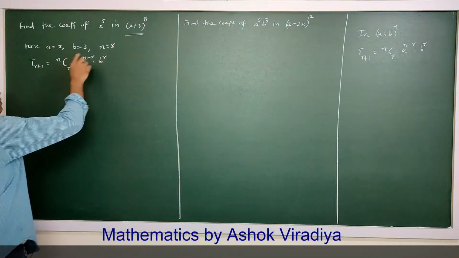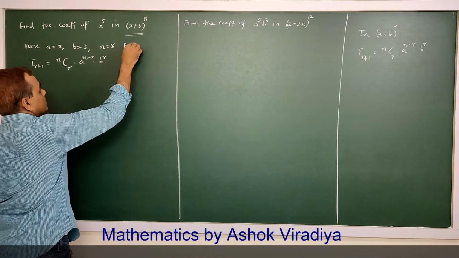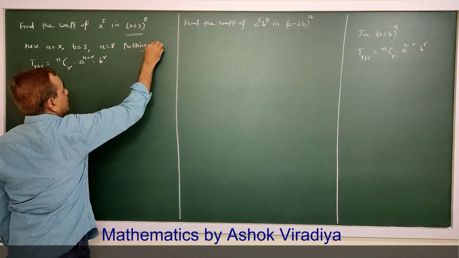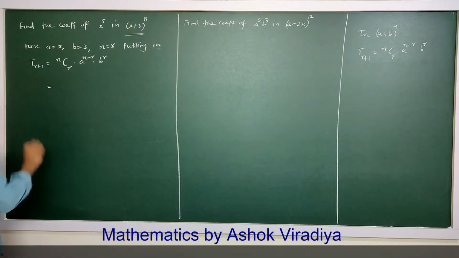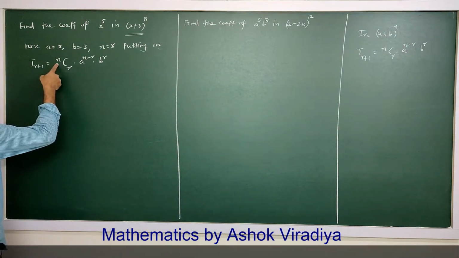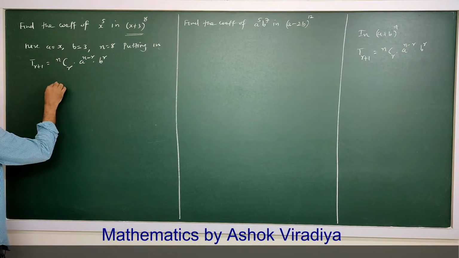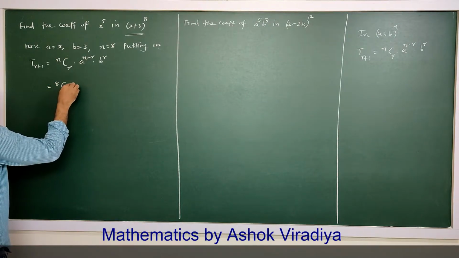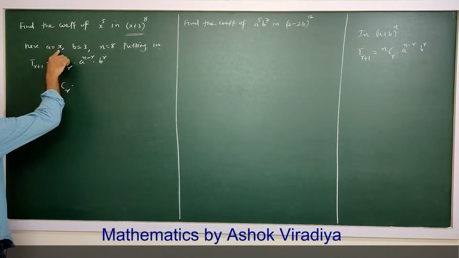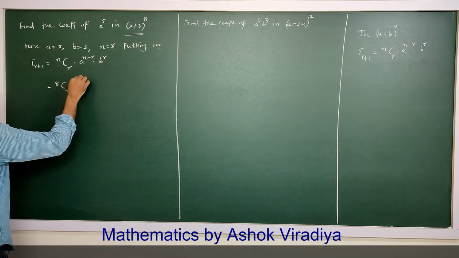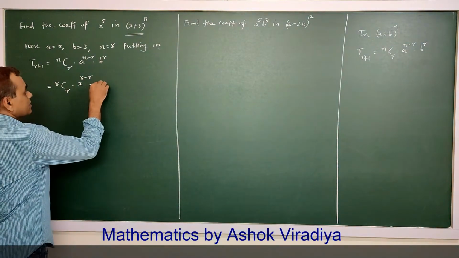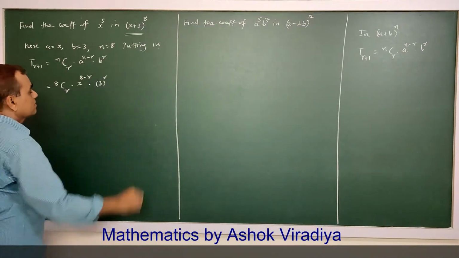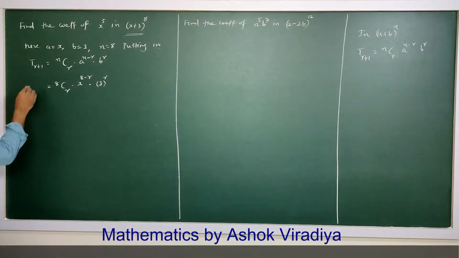So putting these values in this formula here, n is 8, 8Cr into a is x, so x raised to 8 minus r, b is 3 raised to r. This is the general term, the r plus 1th term.